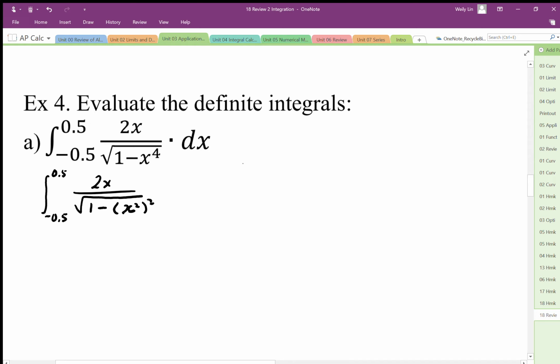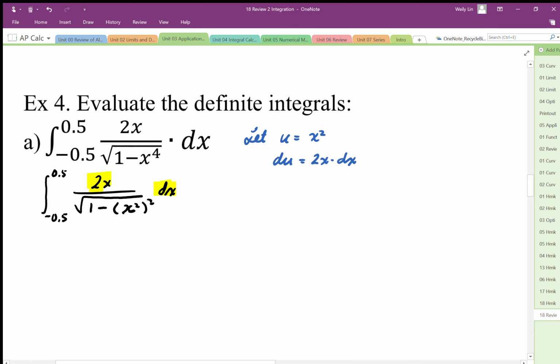And if I let my inside function be x squared, then my derivative is going to be 2x, and then I'll move the dx over to this side, and I can see that my derivative then accounts for what's left over. So there's my leftover term. Okay, that's going to represent my arcsine, and the derivative of the inside accounts for that outside function.